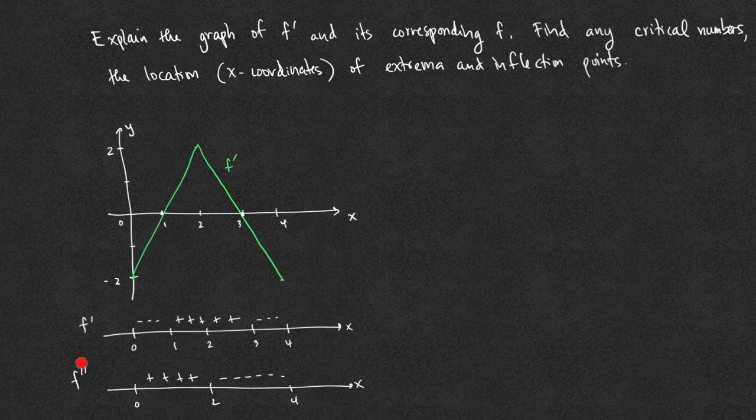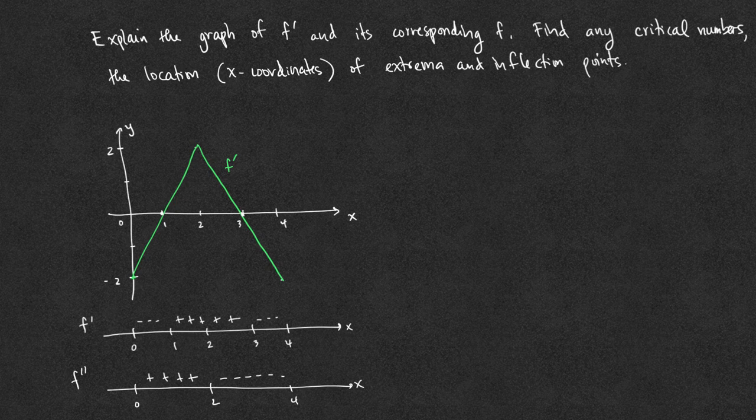From the sign chart for f double prime, we see that the graph of f has an inflection point at x equal 2 because f double prime changes its sign at x equal 2. Also, the graph of f is concave up from 0 to 2 and concave down from 2 to 4.